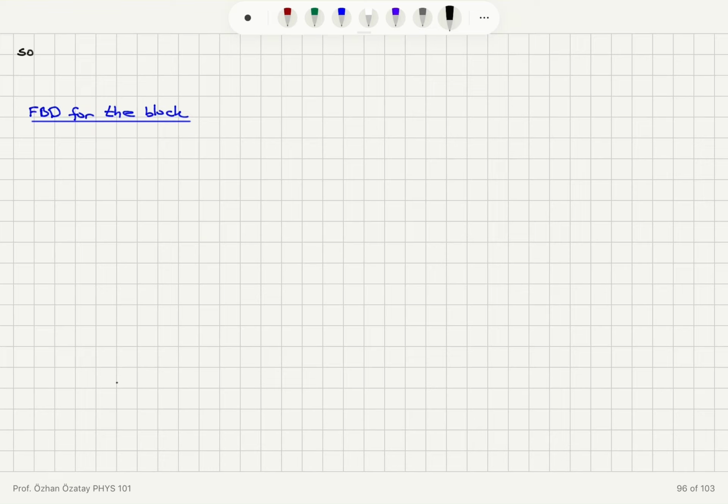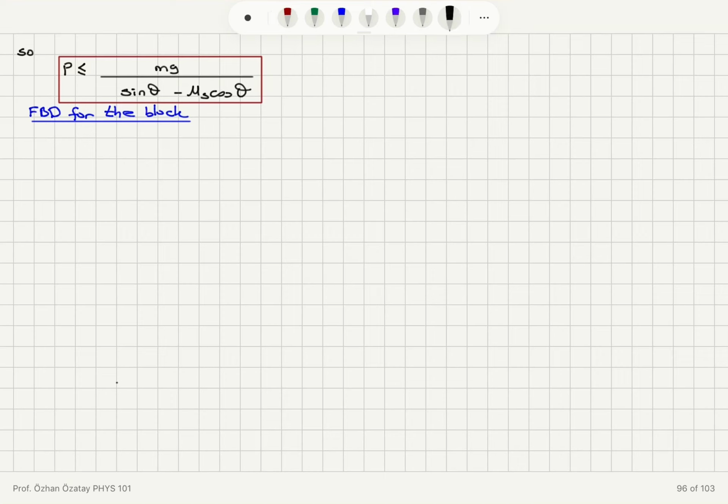Now I'm going to redraw the free body diagram for the block using the second scenario, which is the scenario for which the static friction points up, which means the weight is winning over this force, so it's trying to pull it down. Okay, so now we have a second scenario. In this case, again, my block is a point particle.